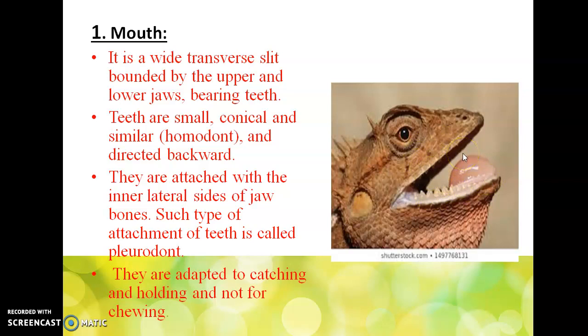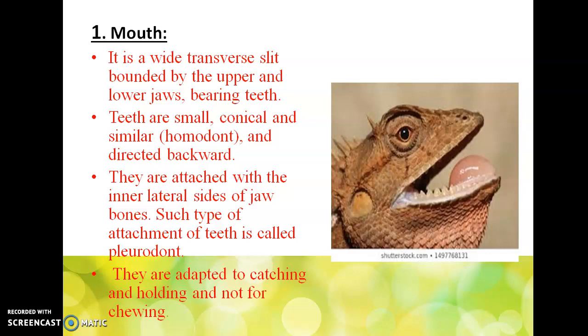What is meant by the opposite condition, heterodont? Heterodont is a condition in which you can see different kinds of teeth, like incisors, premolars and molars. Unlike the heterodont, the arrangement of teeth here is very primitive and is called homodont.